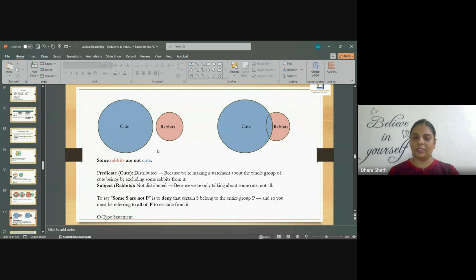But here, we are talking about the fact that these rabbits, my subject. What is my subject? My subject is not these rabbits. My subject is these rabbits, which are in red color.